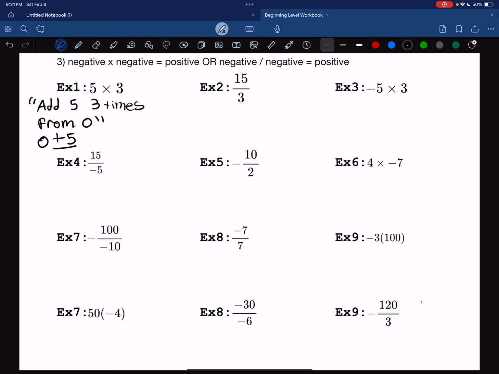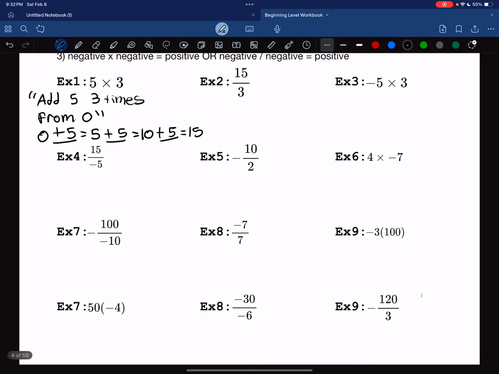So 0 plus 5 is 5. So we added 5 once. So let's add a 5 again. Then 5 plus 5 is 10. And then since we added 5 2 times, let's add 5 one more time. So we have 10 plus 5, and that is 15. So our answer is 15.